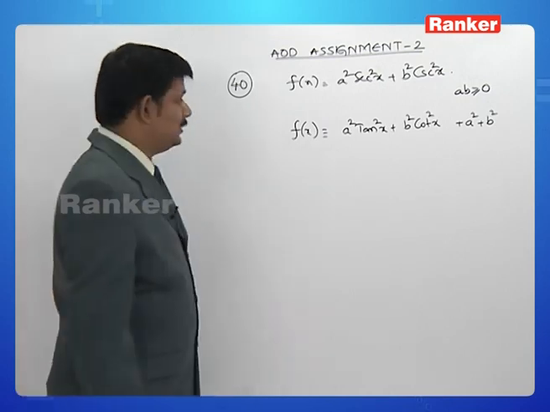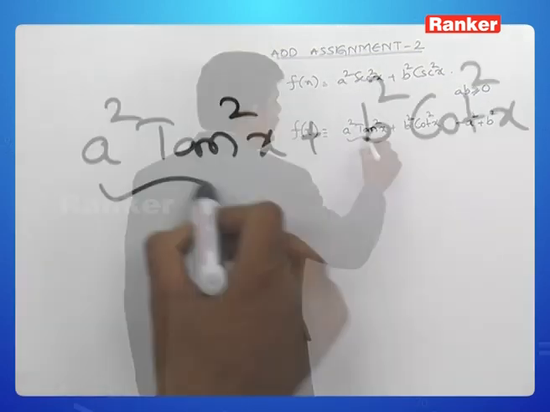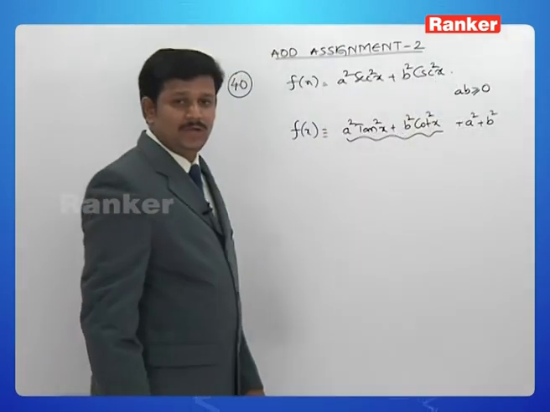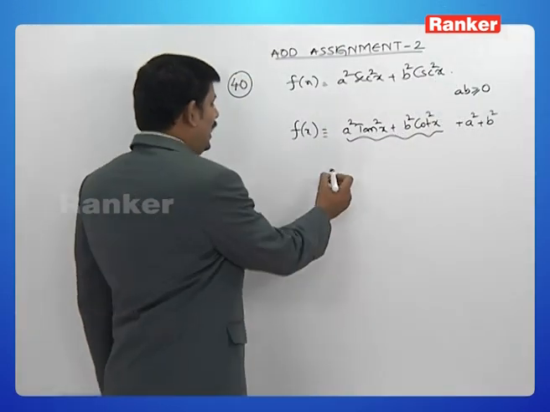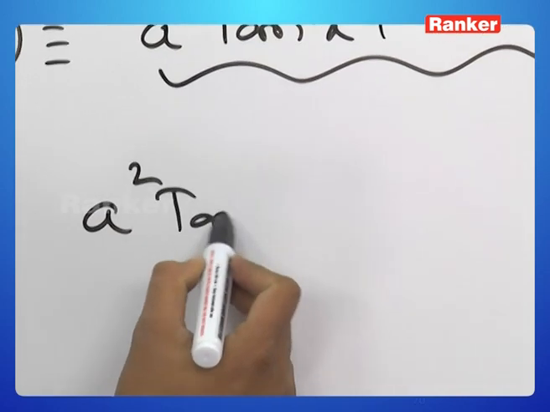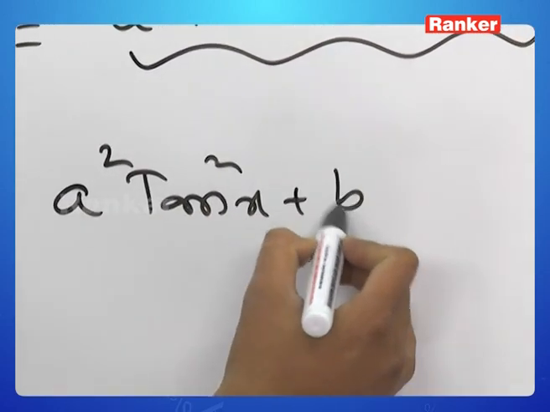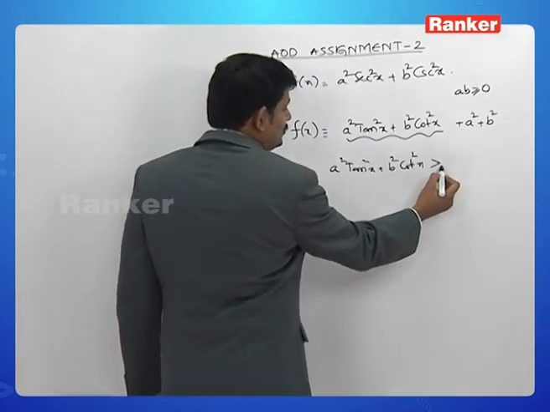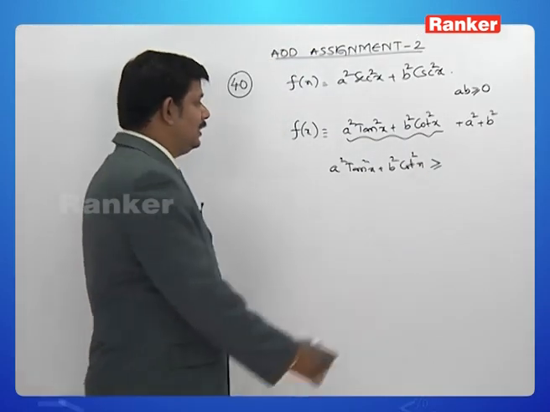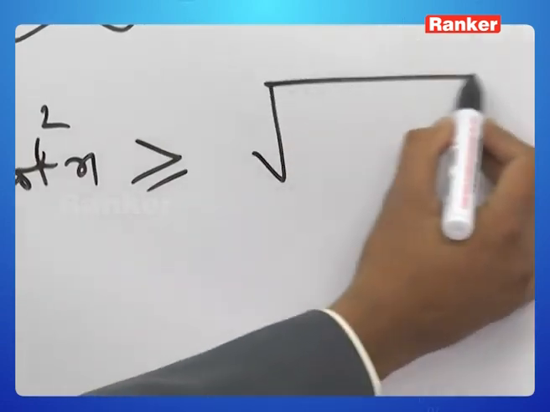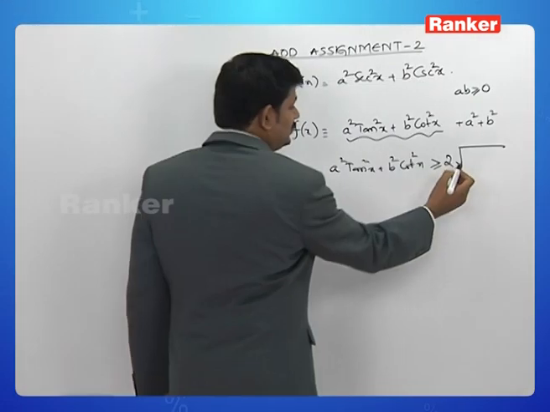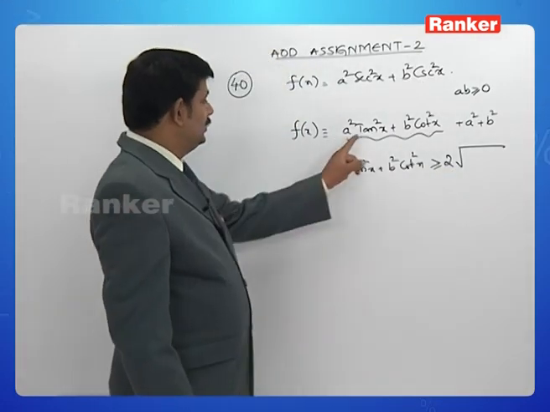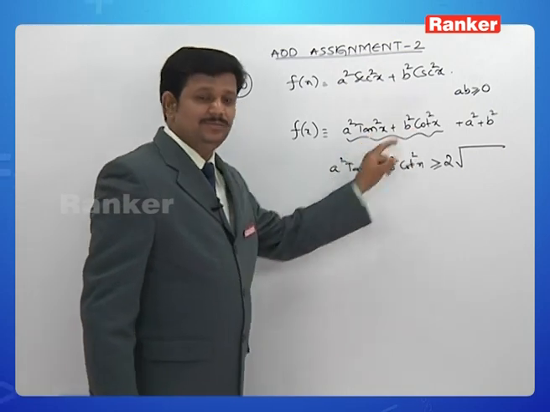Reciprocals of one another. Applying AM greater than or equal to GM on these two numbers, we have a square tan square x plus b square cot square x divided by 2 will always be greater than or equal to root over a square b square, geometric mean of these two numbers.